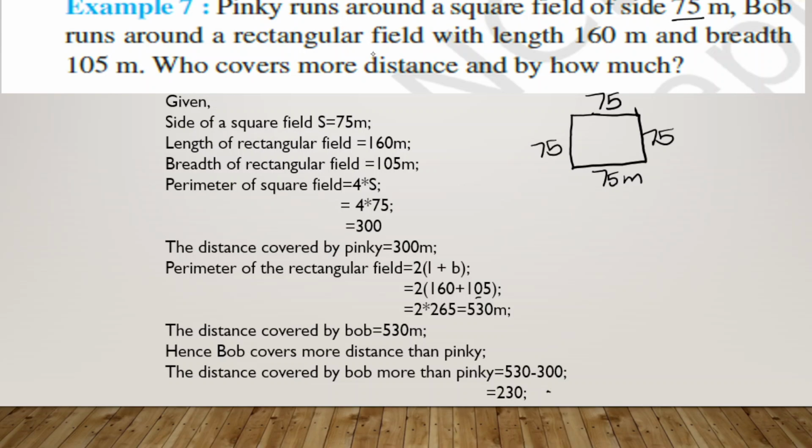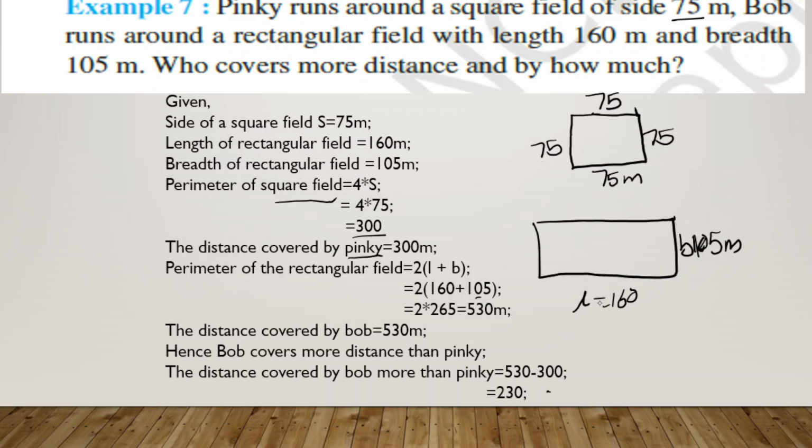Bob runs around a rectangular field, and the length was given as 160 meters and the breadth as 105 meters. You know that the perimeter of the square field is 4s. Let's substitute the value of s. Here s is 75, so 4 into 75 is 300. So the distance covered by Pinky is 300 meters.